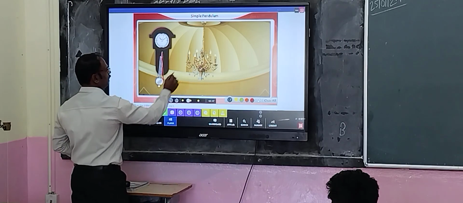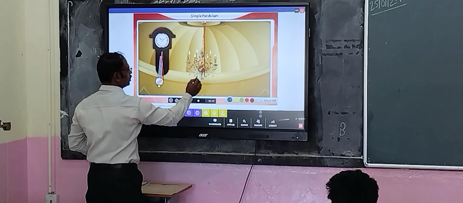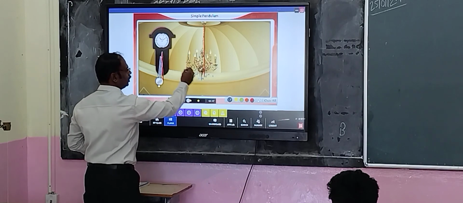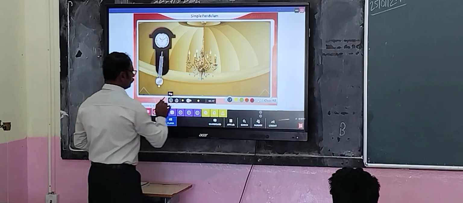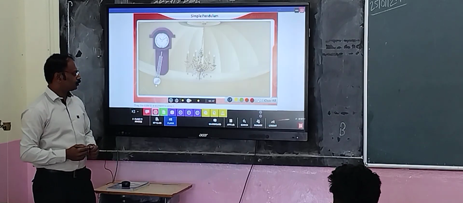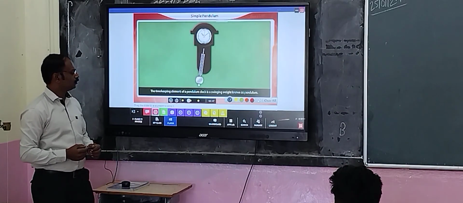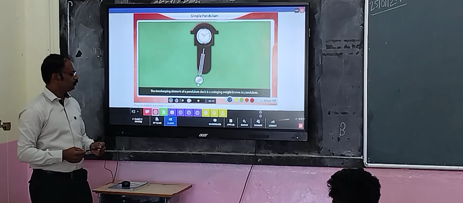Here we know that this is the mean position, and here also this is the mean position, and the object can move between the extreme positions. This is the principle. The time-keeping element of a pendulum clock is a swinging weight known as a pendulum.